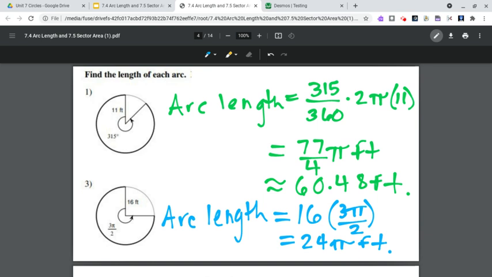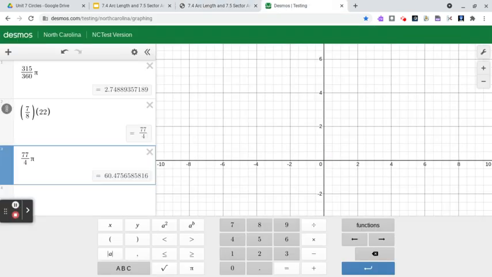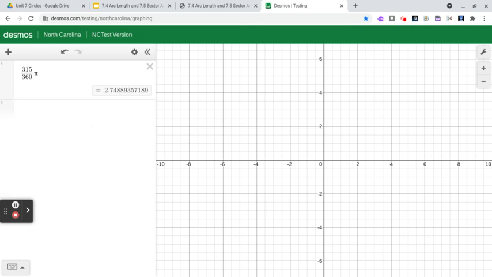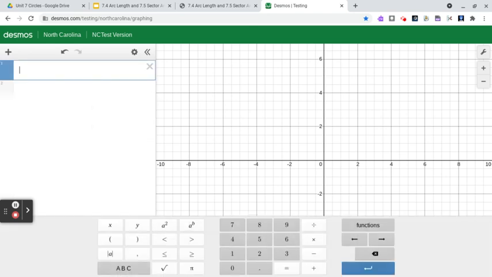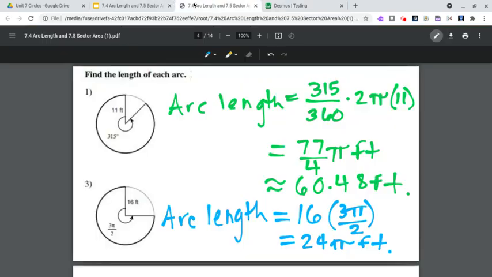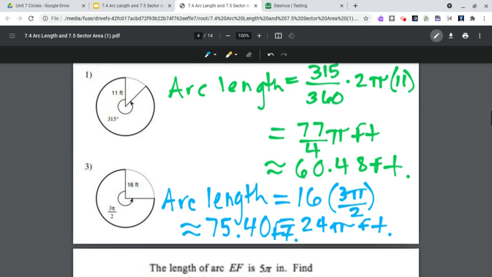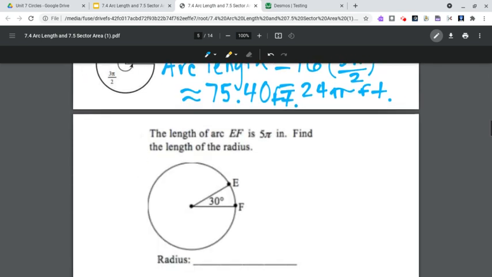So that's the exact value. Now we'll go ahead and put it into Desmos and get an approximate calculation, rounded to the nearest hundredth, 24 pi, 75.40 feet. So approximately 75.40 feet.